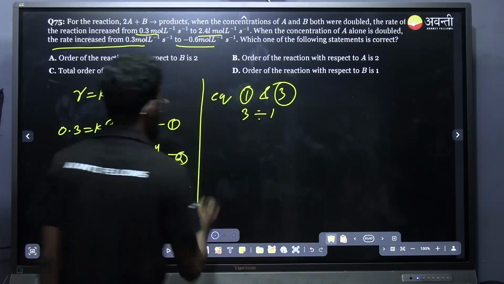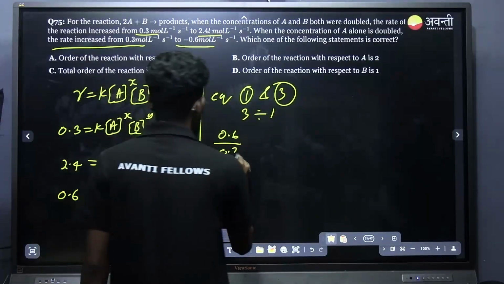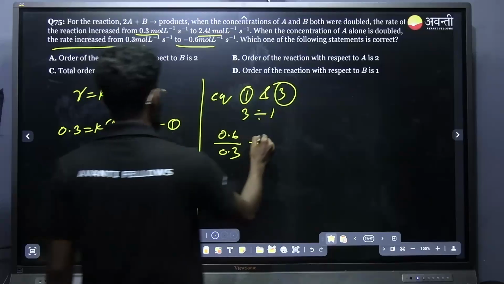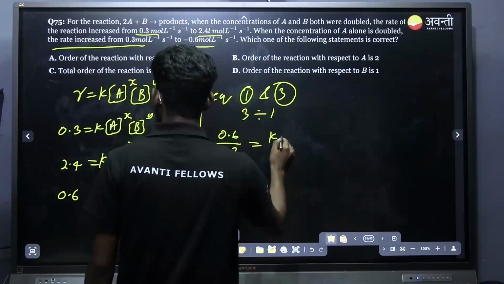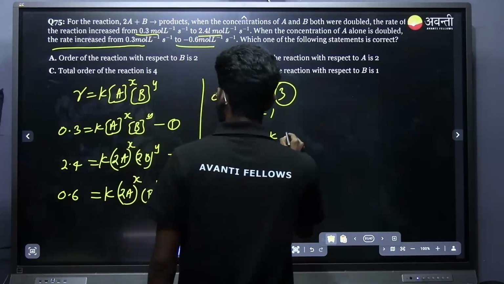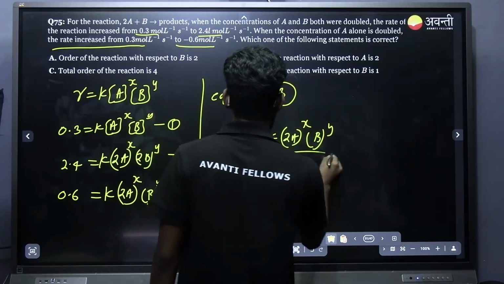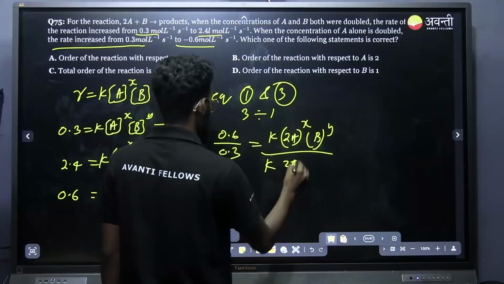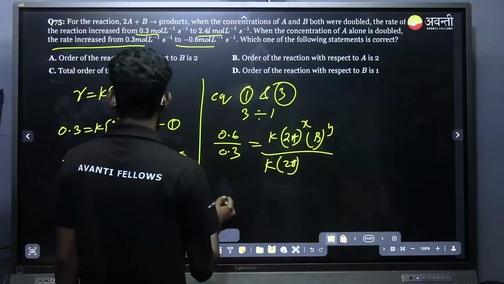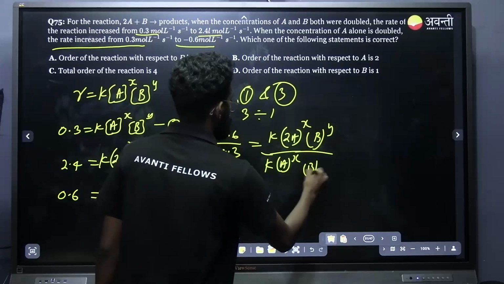On dividing equation 3 by 1, you can see 0.6 divided by 0.3 will be equal to K into 2A to the power X, B to the power Y divided by K into A to the power X, B to the power Y.